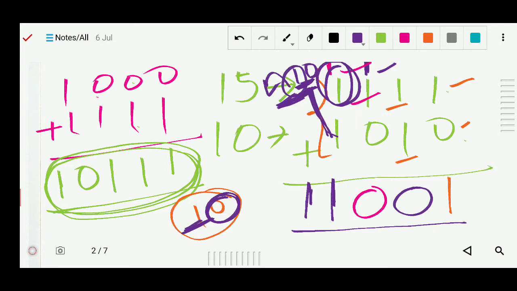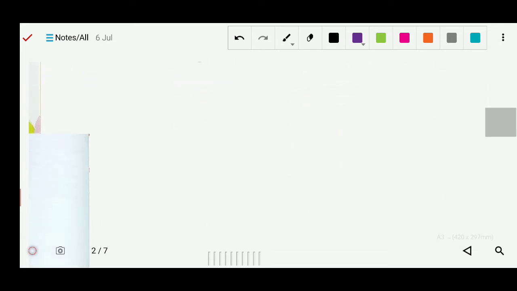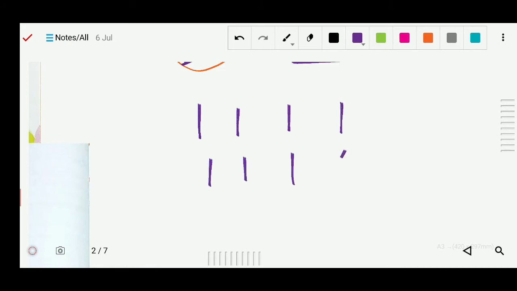If you do not understand, I will solve one more, then you will understand better. Okay, I take 15, that is 1111, and for 14 I took 1110, and we have to add. 1 plus 0 is easy, 1.